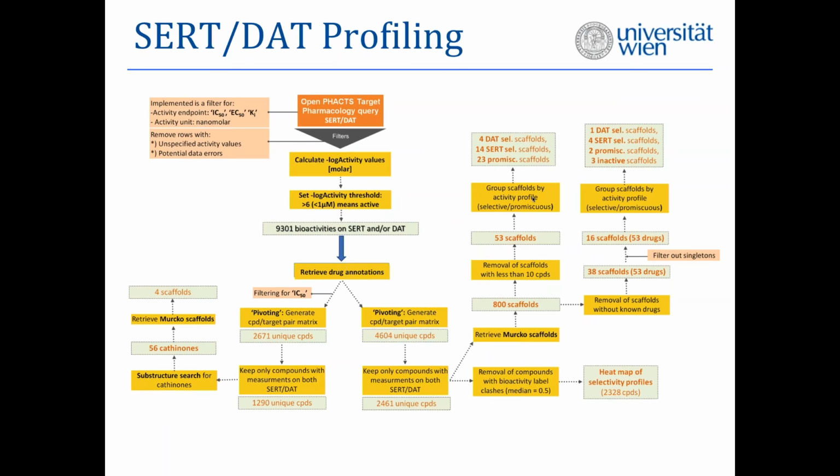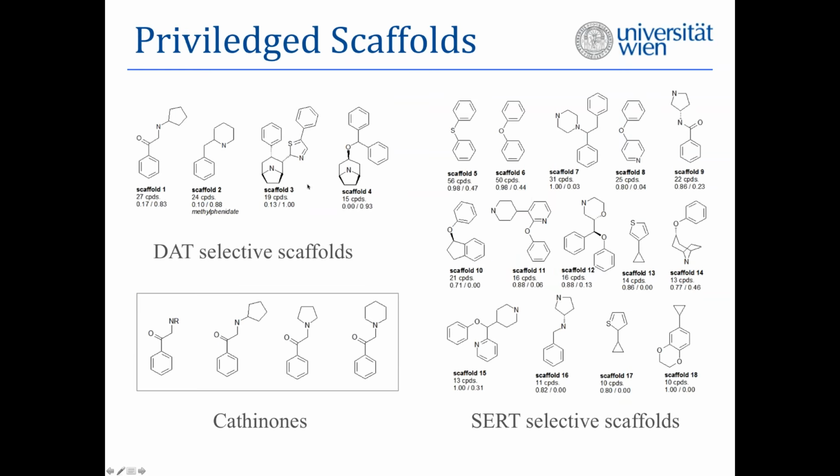So you can start exploring, let's say, the publicly available compound space for privileged scaffolds for certain targets. What you see here are some of the scaffolds we identified.